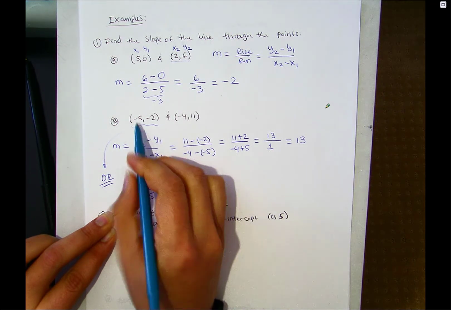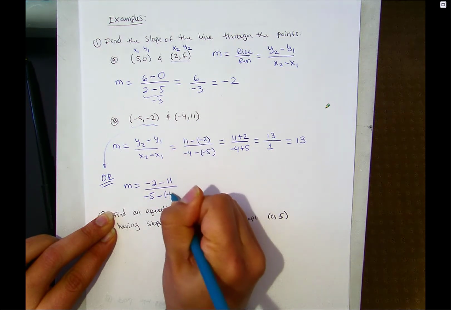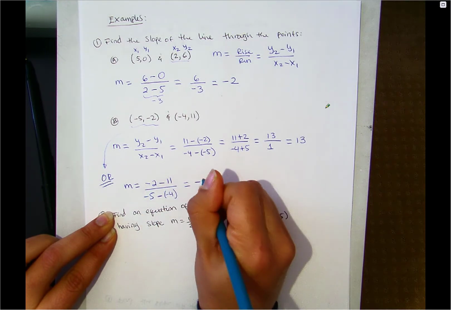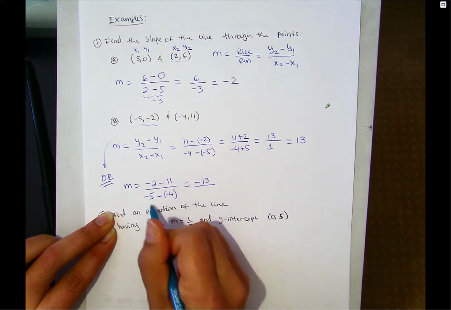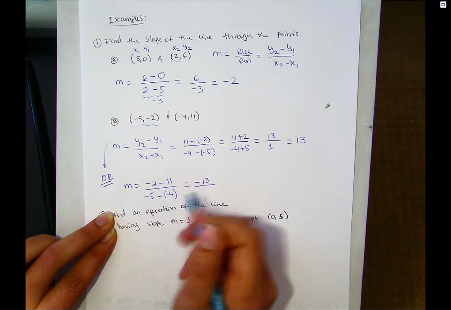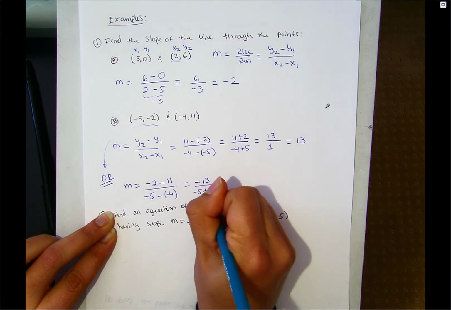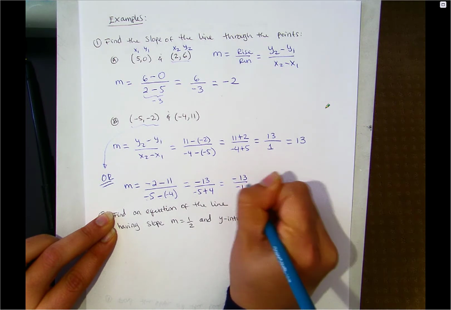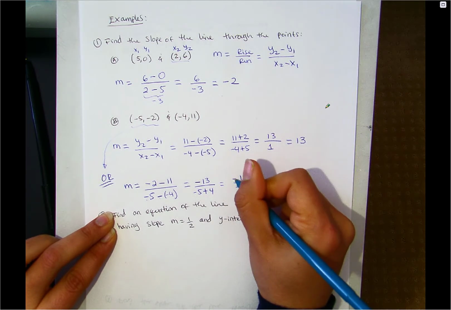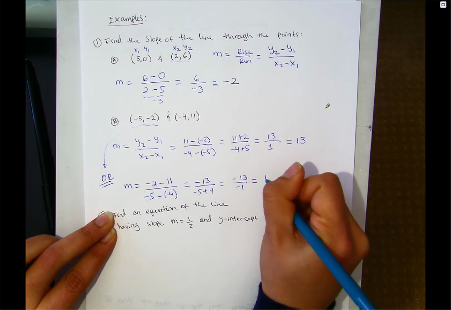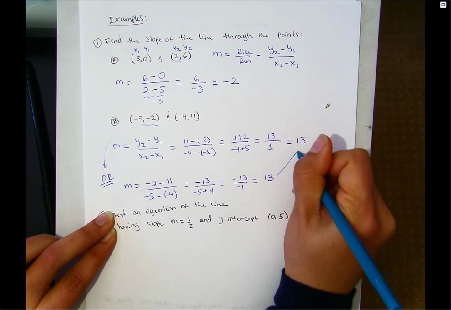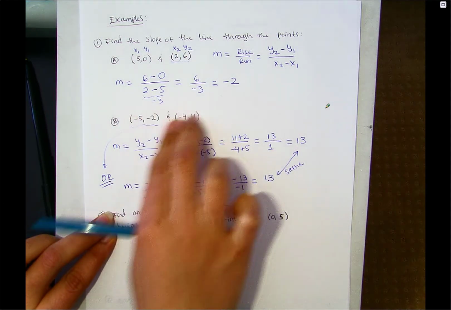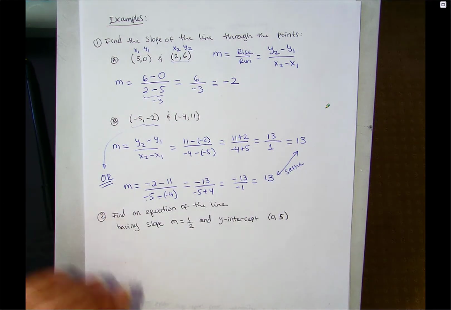So minus 5 minus a minus 4. Minus 2 minus 11 gives me negative 13, and negative 5 minus a negative 4 gives me negative 5 plus 4. So I get negative 13 over negative 1, and a negative divided by a negative is positive, so I get 13. Same thing. It doesn't matter which point you use first, you just have to be consistent.